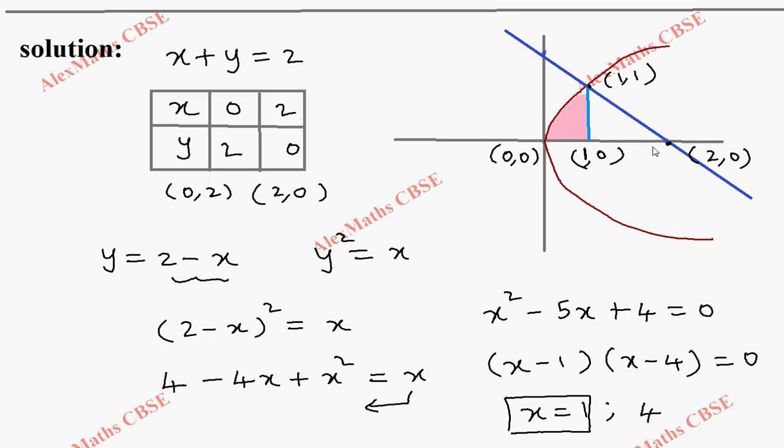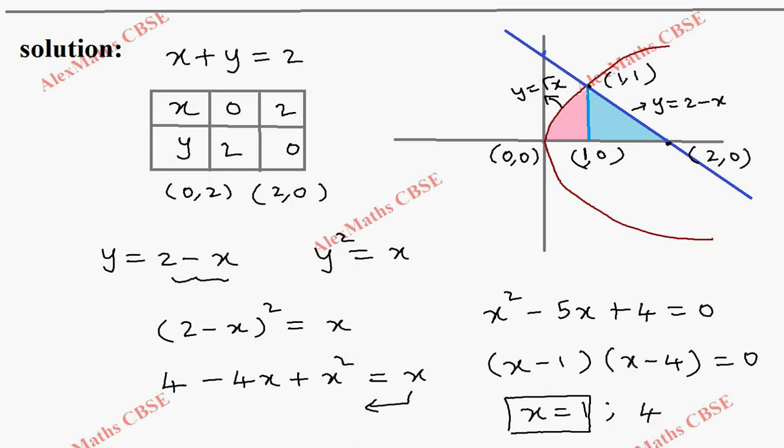So this is one region, and we have to find the area of this region. So separately we are going to find this and add. But before that, we have to write the value of y in both the curves. From the parabola, y square equal to x, the value of y is root x, and from the line the value of y is 2 minus x.